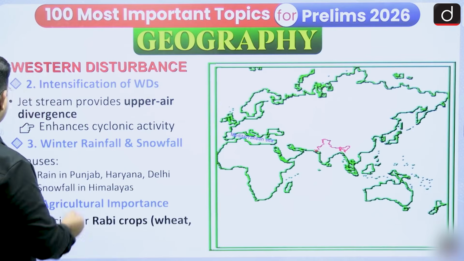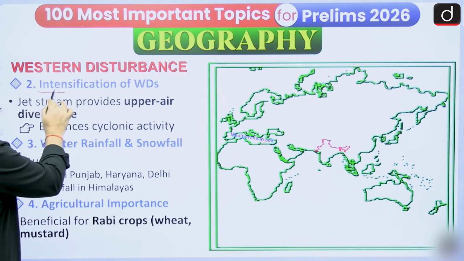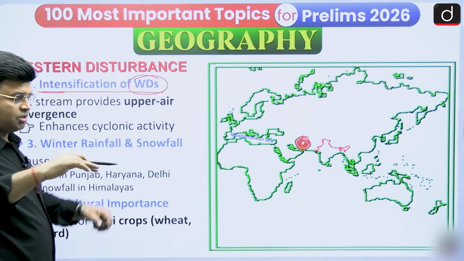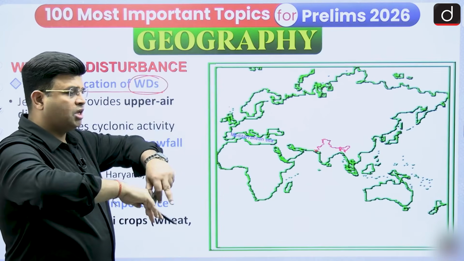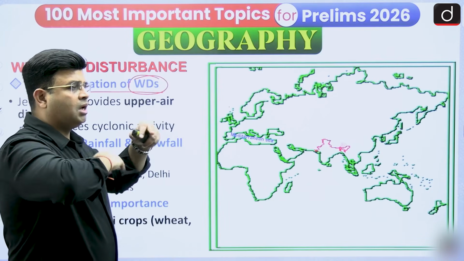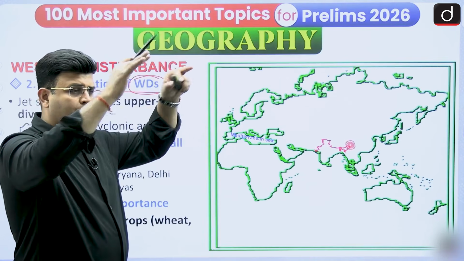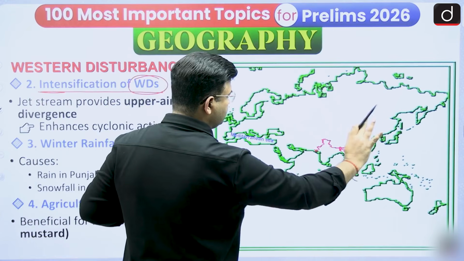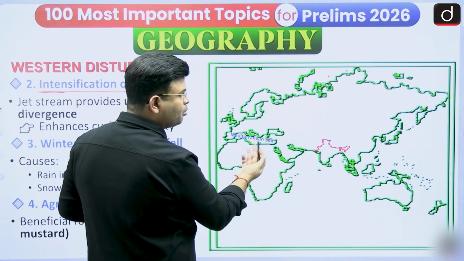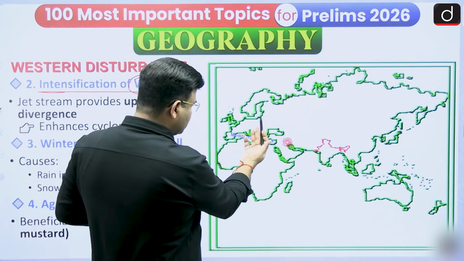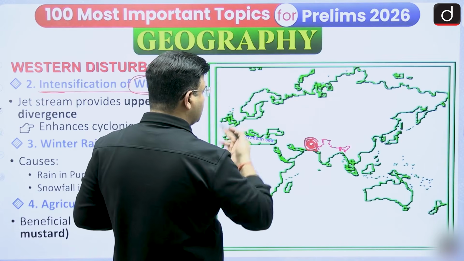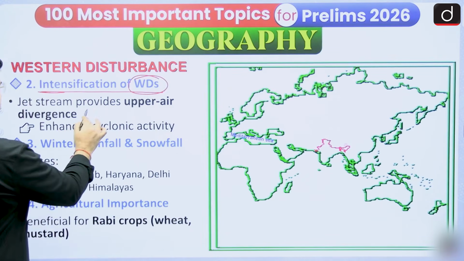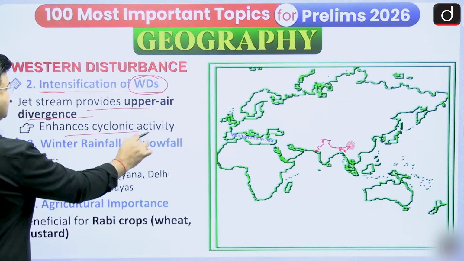Now the intensification of the western disturbance. The jet stream is in the upper atmosphere, and air diverges away in the upper atmosphere. When the jet stream is moving very fast, it sometimes creates low pressure on the ground too, dragging and creating more intensity. So the jet stream provides upper air divergence, enhancing cyclonic activity.